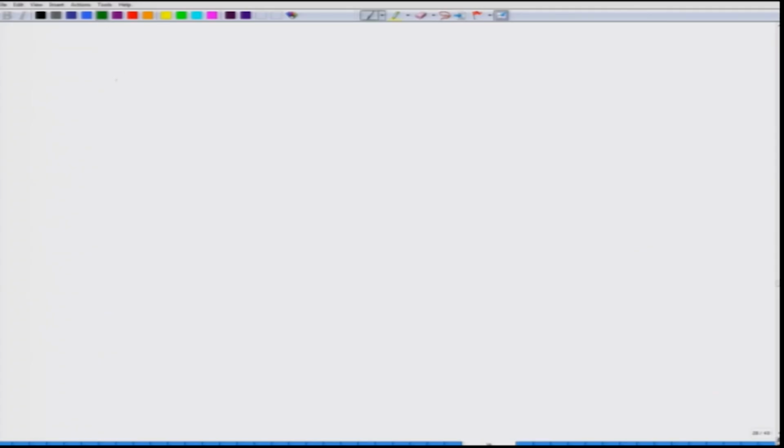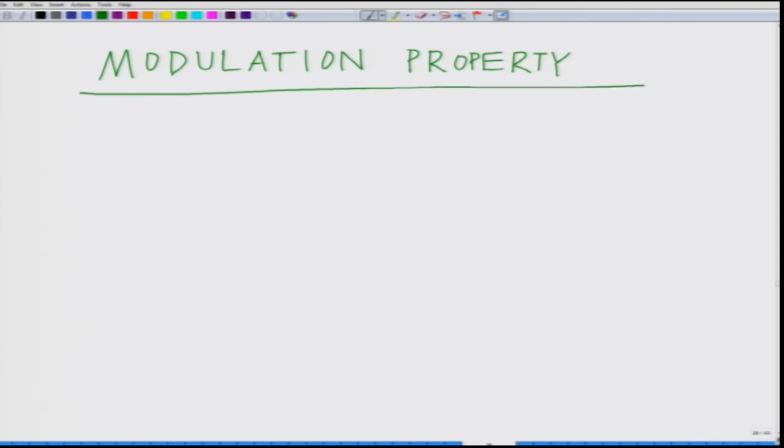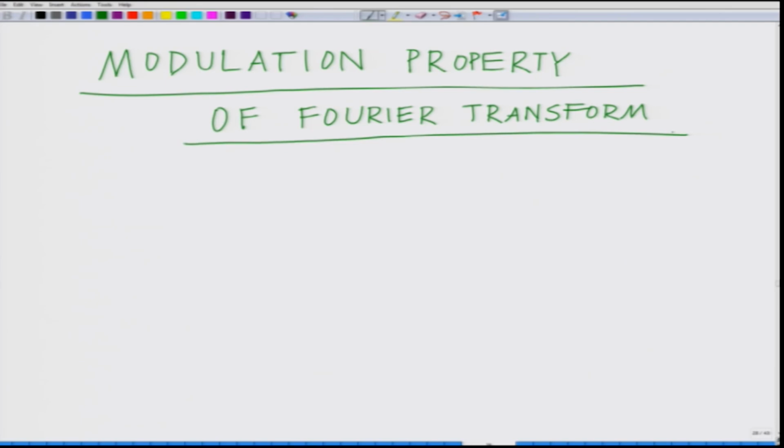Let us look at the modulation property of the Fourier transform, that is, what happens to the Fourier transform of a signal which is modulated. This is the modulation property of the Fourier transform.